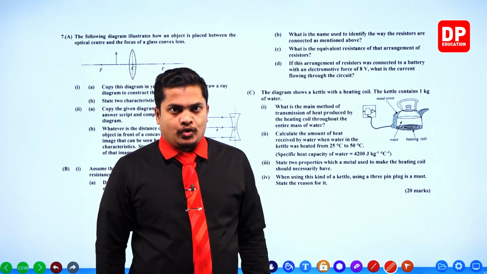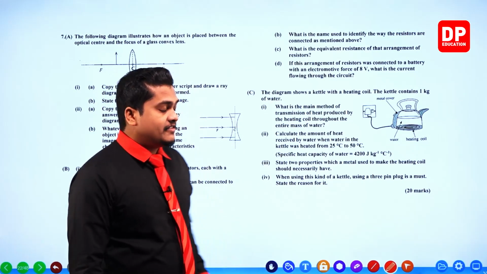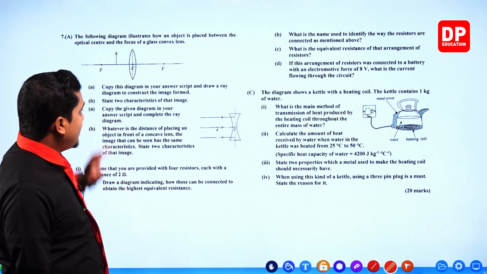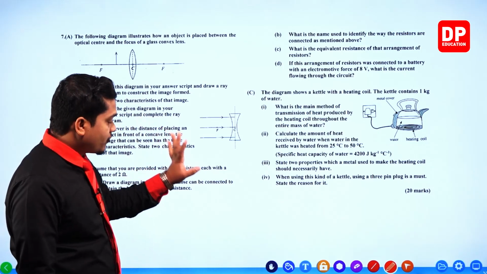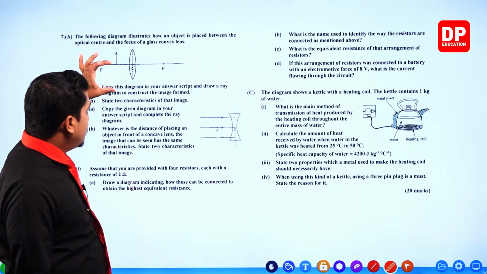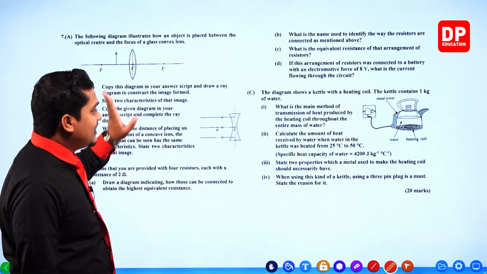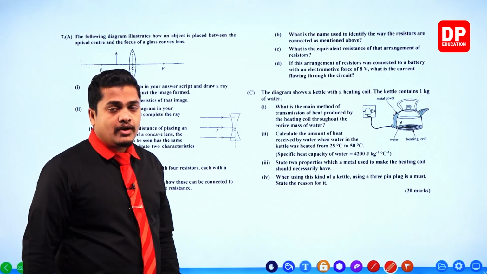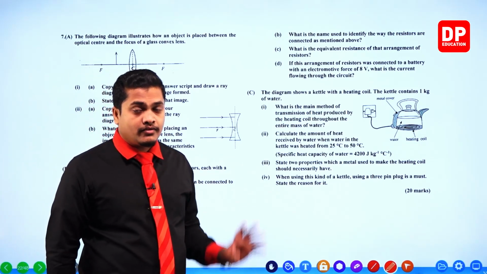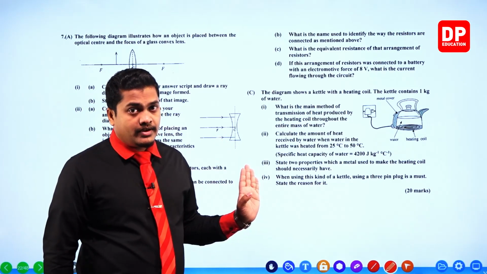Okay, so the first part of the question, which is part A, is composed of the optics lesson part. Over there, two types of lenses are given, relevant to their ray diagrams, right? And several questions are being asked about the lenses, my dear children.